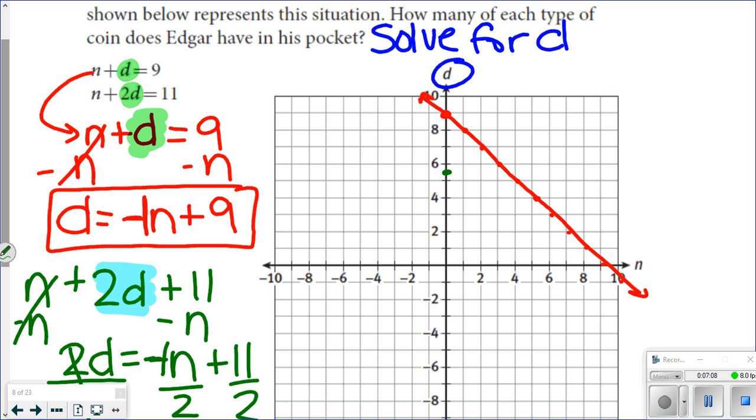And then we're going to go down 1 box, right? Because my slope is a negative 1 over 2. Down 1 box over 2. Down 1 over 2.